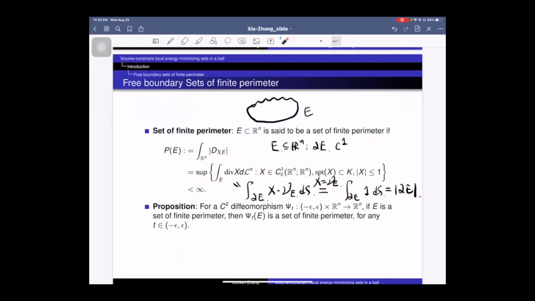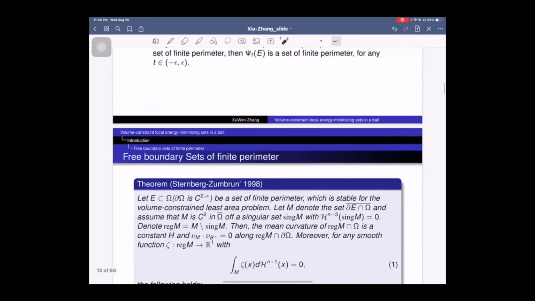A simple proposition is that if we consider a C2 diffeomorphism xi_t, and E is a set of finite perimeter, then the image of E under xi_t is also a set of finite perimeter. Now we can state the main results.